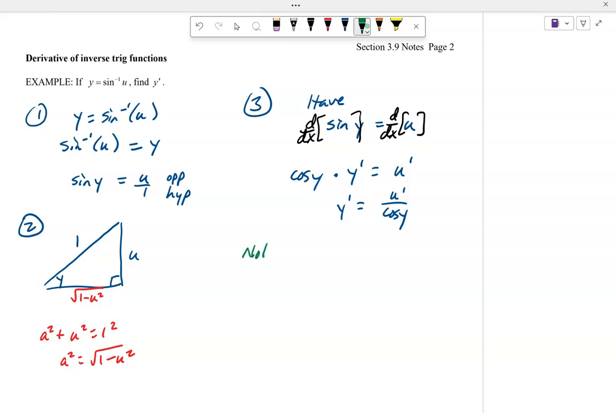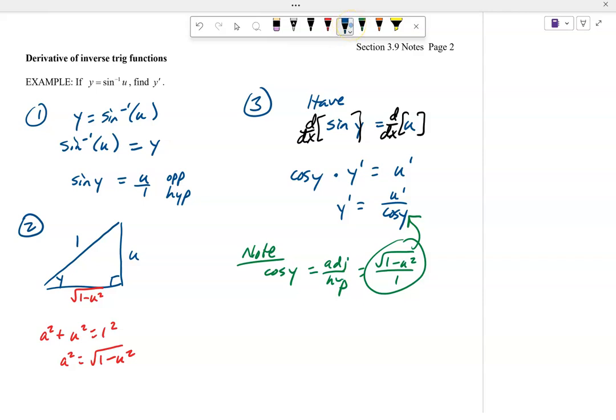Looking at my triangle, the cosine of y would be adjacent over hypotenuse. So that's the square root of 1 minus u squared over 1. So the cosine of y is going to go in right there. Let's continue on.